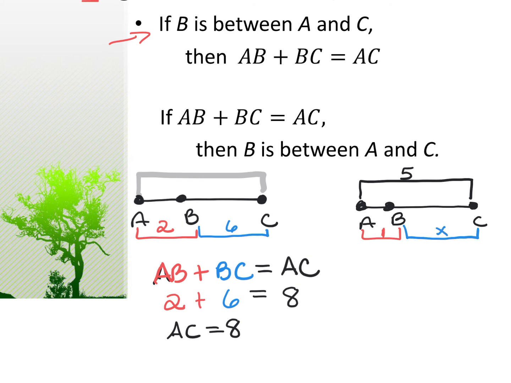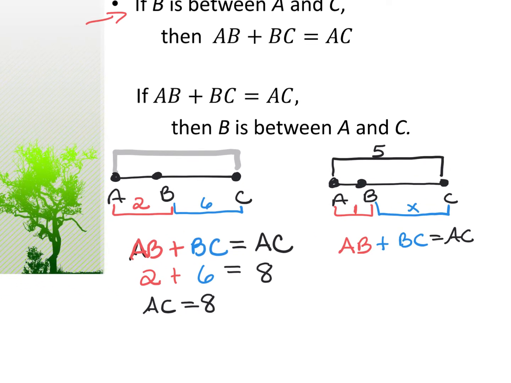So again, I could use my segment addition. So I know that AB plus BC is going to equal AC. And here's where my algebra skills are going to come in. So if AB is 1 and BC is going to be my variable, and then AC equals 5, I can use my subtraction property of equality by subtracting the 1 and get X equals 4.